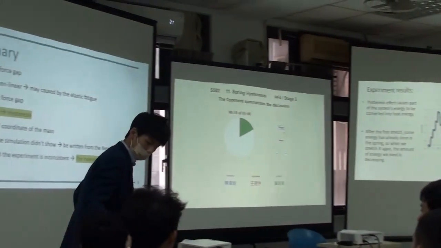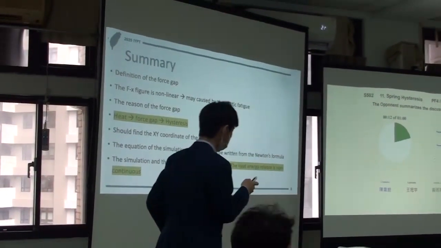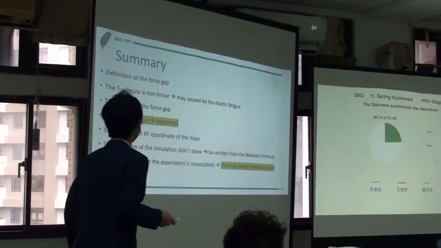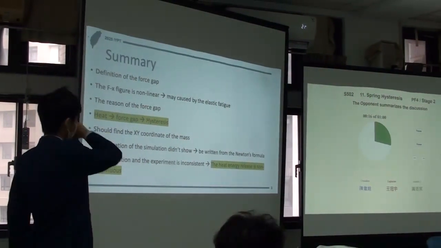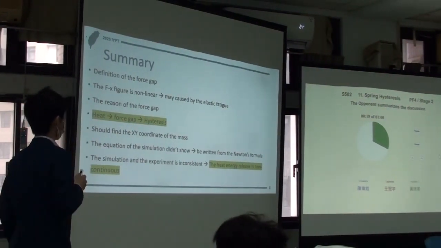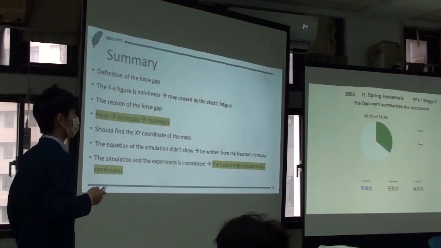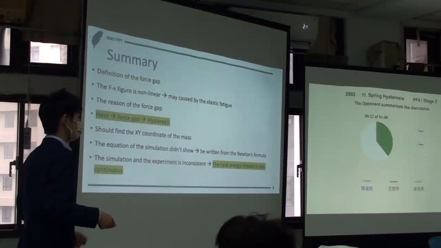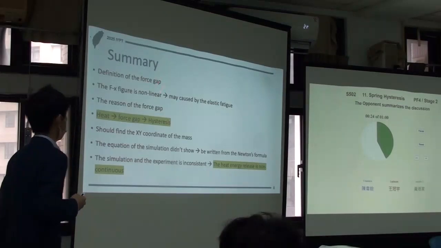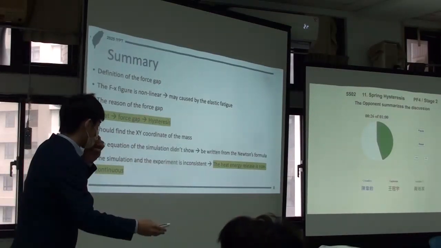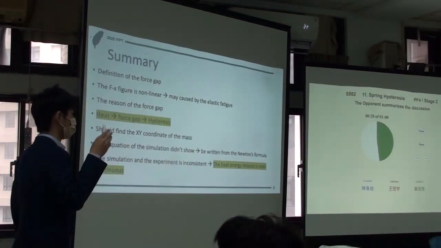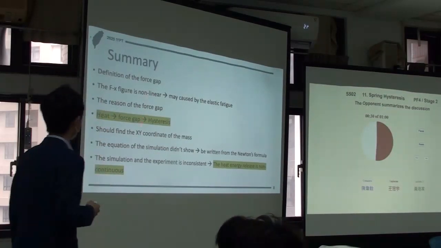Okay. We discussed with the reporter about the spring hysteresis, and we verified the definition of a force gap. It is caused by some heat, and the force gap could cause the hysteresis phenomena.